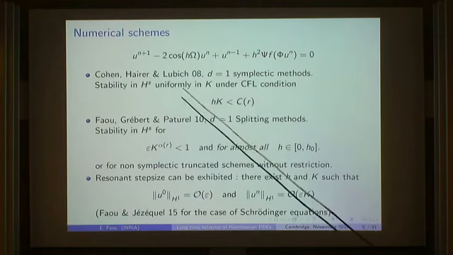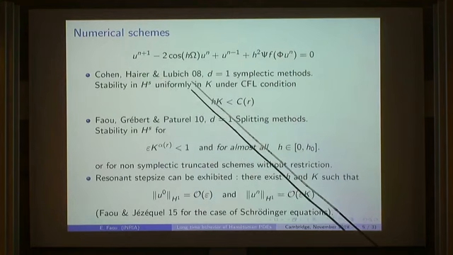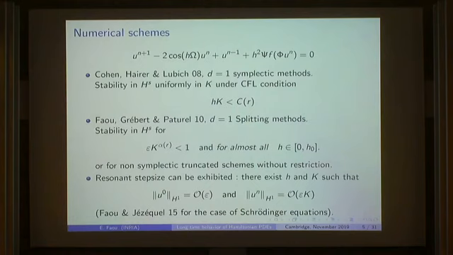If you take a symplectic method, then you have a stability in HS uniformly in K. K is the number of nodes, the number of points on your grid, but you needed a CFL condition, of wave type, of course.